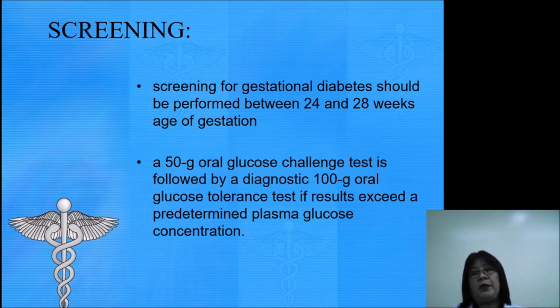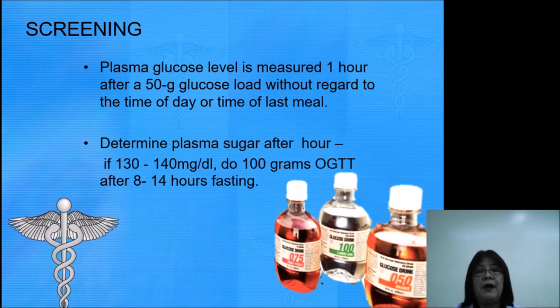If it is between 130 to 140 milligrams per dL, you will proceed with the 100-gram oral glucose tolerance test. So the cutoff is 130 to 140 before you do the 100-gram oral glucose tolerance test.